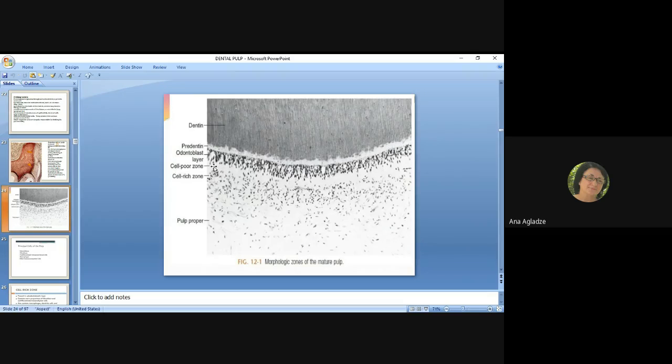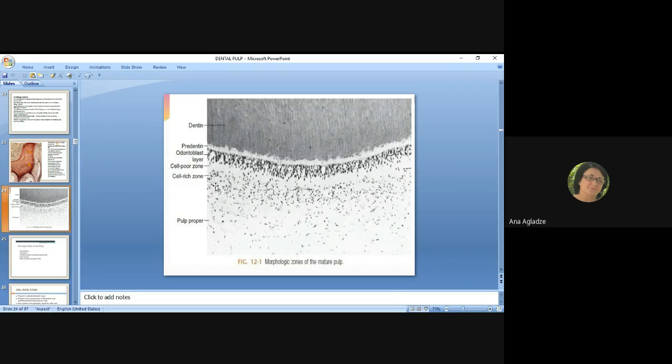The next layer is a cell-free zone, about 40 micrometers in width, and it is under the odontoblastic layer in histologic sections, and you know that it is called the Weil zone, and it is also called the cell-free zone, or the zone of Weil.